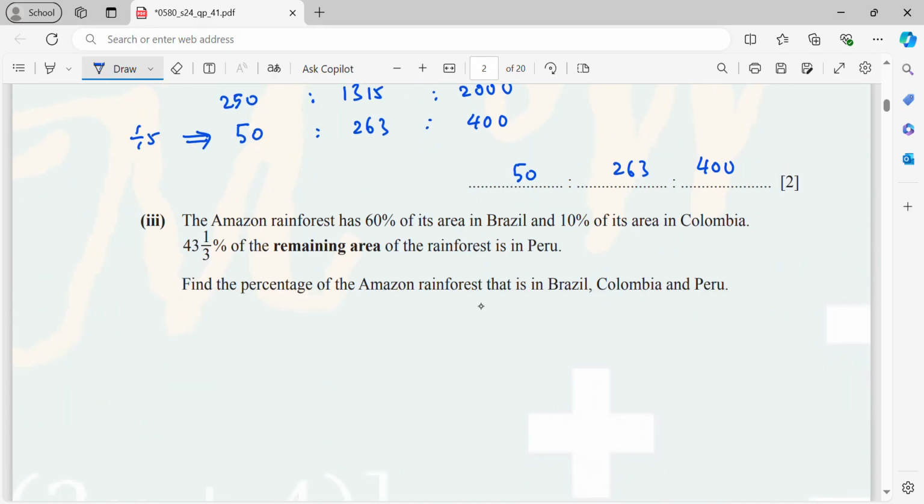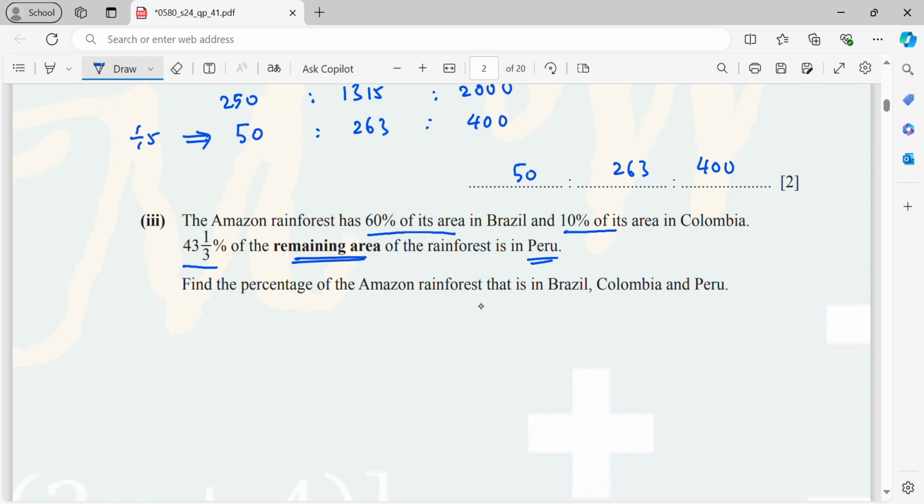Now part 3. The Amazon rainforest has 60% of its area in Brazil, 10% of its area in Colombia, and 43 and 1/3% of the remaining area of the rainforest is in Peru. Now, find the percentage of the Amazon rainforest that is in Brazil, Colombia, and Peru.